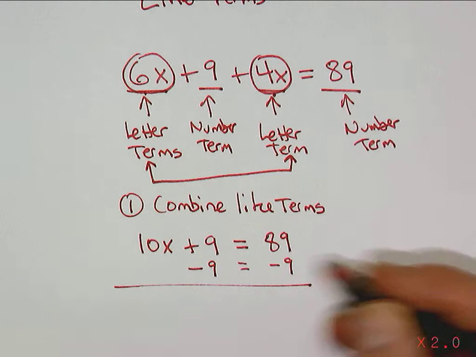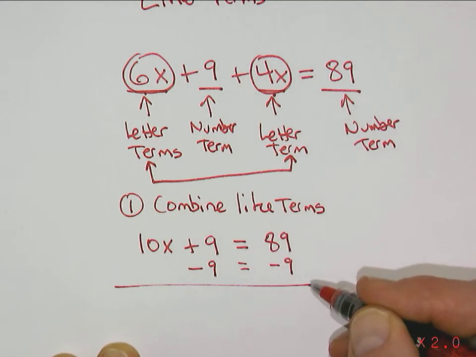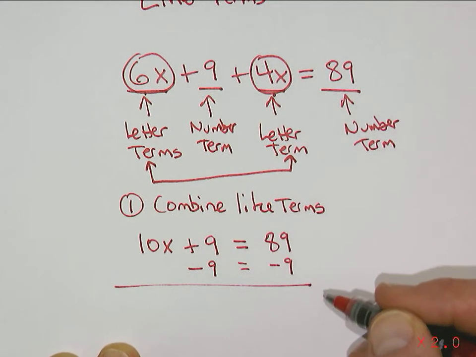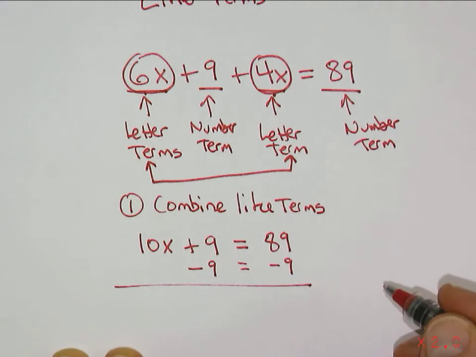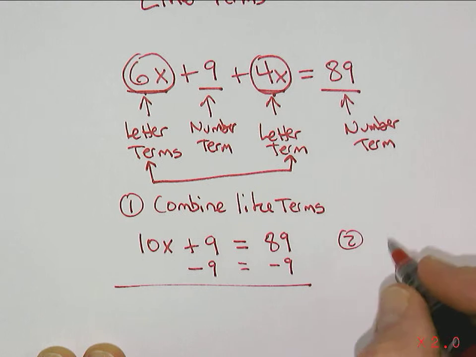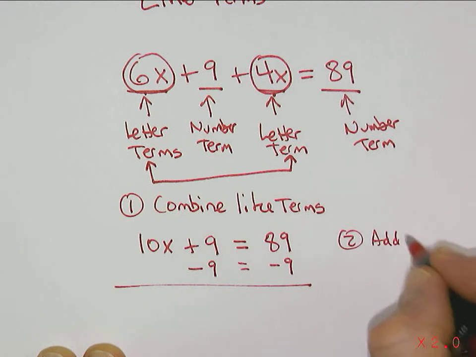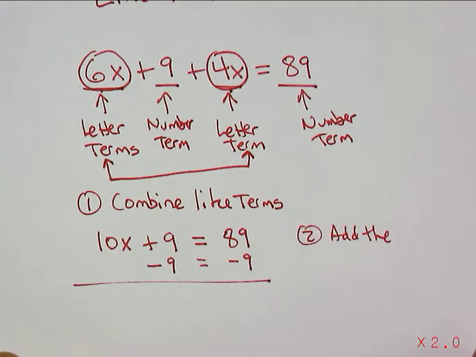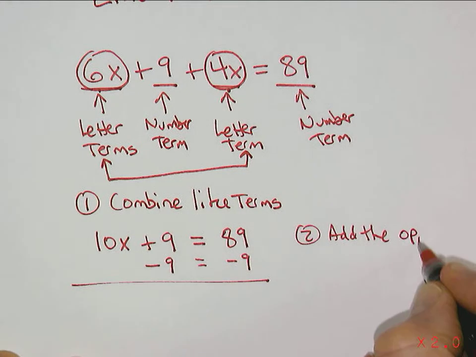And if you aren't sure about this part, you might go back to the lesson on 2-step equations, because basically what we've done is we've created a 2-step problem. My next step is to add the opposite number term to both sides.